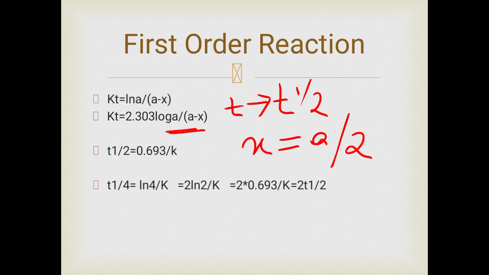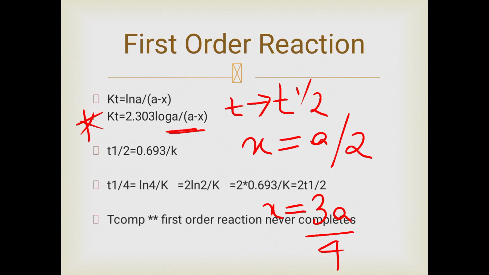Similarly, when you obtain t1 by 4, you keep your t as t1 by 4 and you replace x by 3a by 4 in the same main equation. It is very important that you know these equations by heart. And for t completion, always remember, it's very important that the first order reaction is never complete.